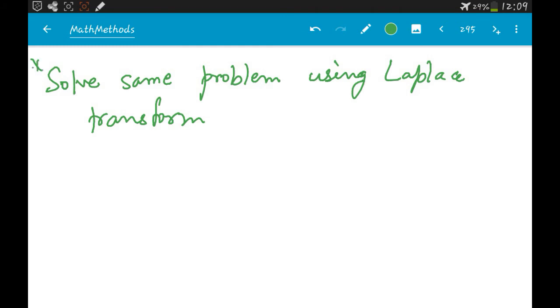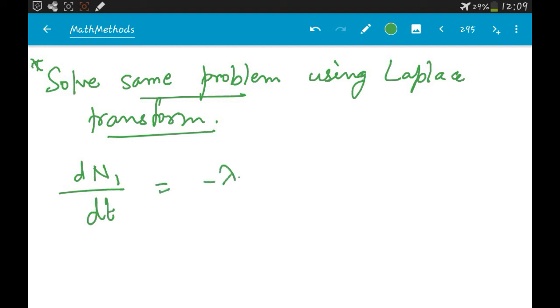We'll solve it and then verify whether what we've got is correct. If both methods give the same answer, then most of the time that means your answer is correct, unless you made a mistake. So let's write down the equation: dN1 by dt is equal to minus lambda 1 N1.